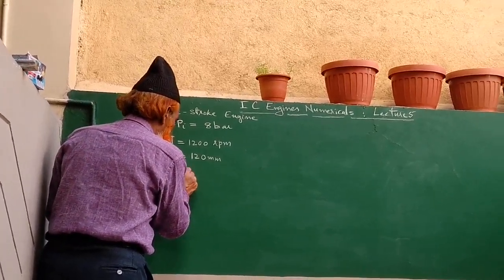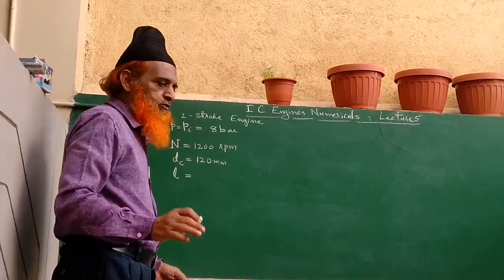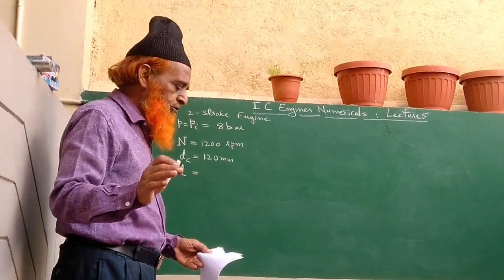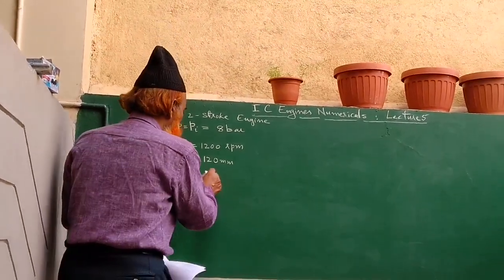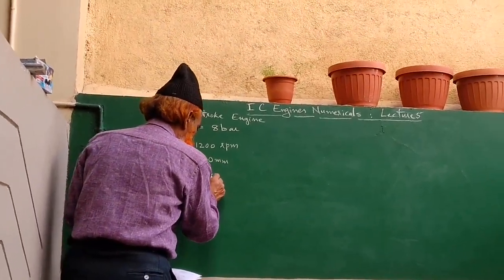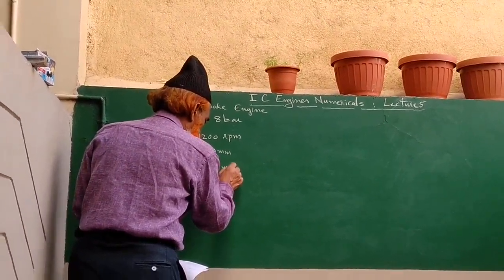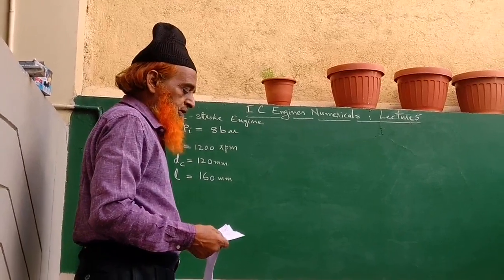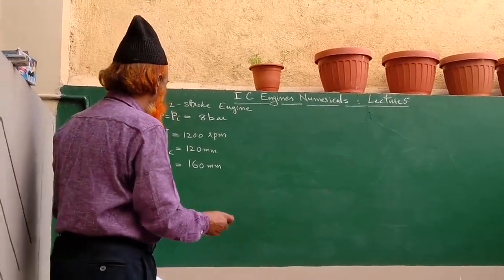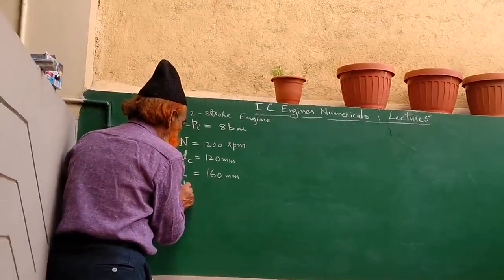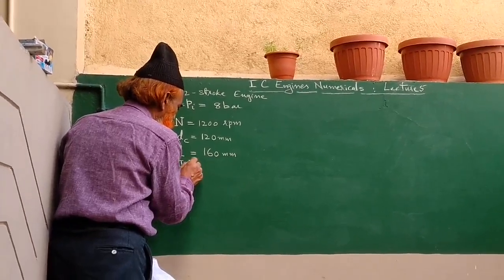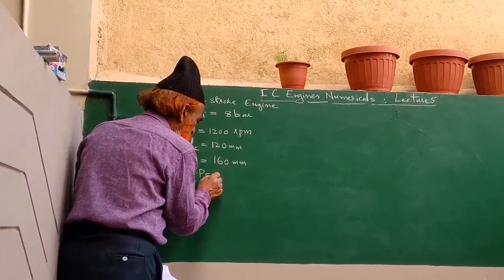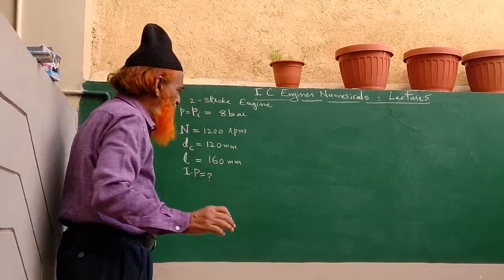Stroke means stroke length. Whenever it is said stroke, you have to take it down as stroke length, L. It is given 160 mm. Find the indicated power. What is asked is IP is equal to how much? This is what is asked to calculate.